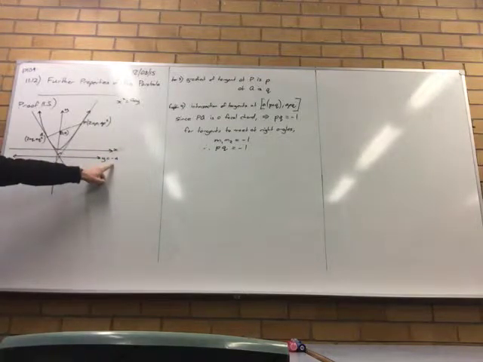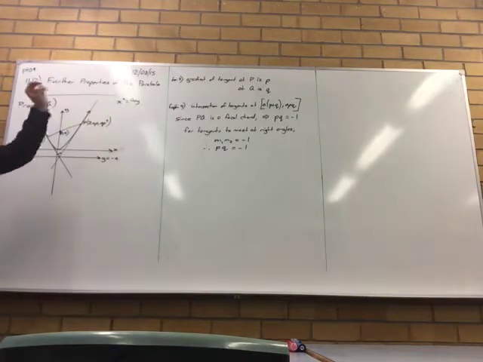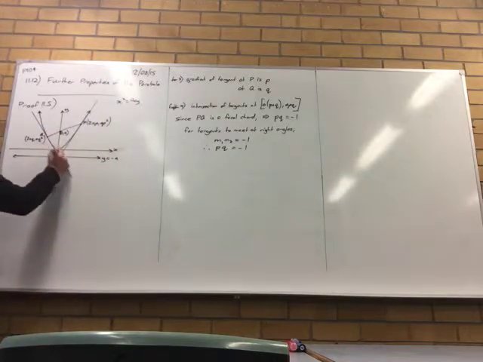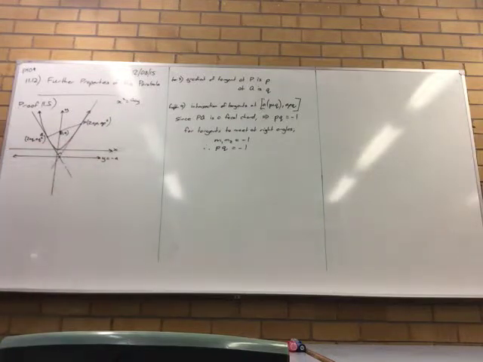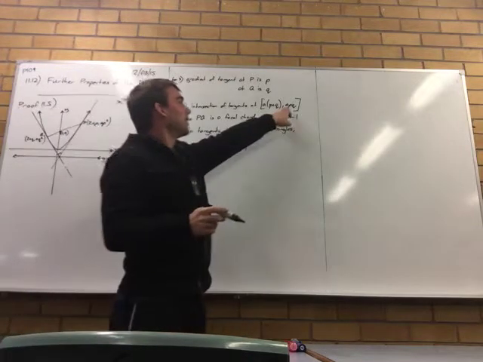Any idea of how I'm going to do that? Using the intersection point, how am I going to finish off the question to show that this intersection point is always on the directrix? This is the y value.